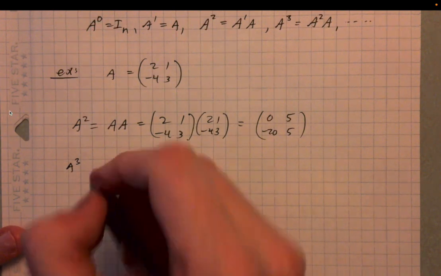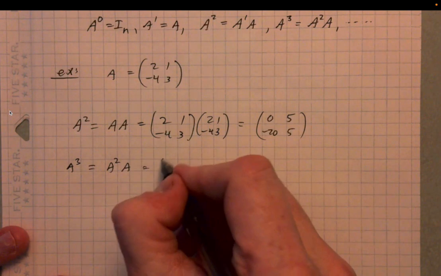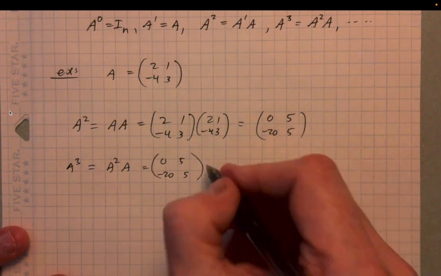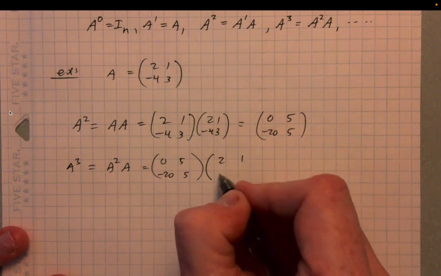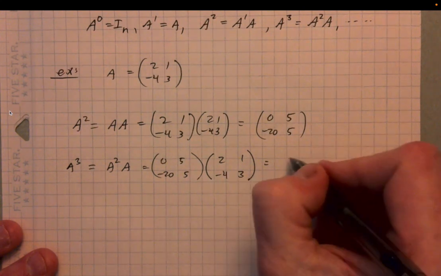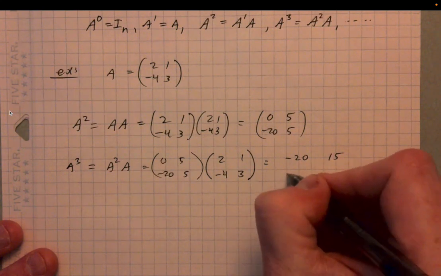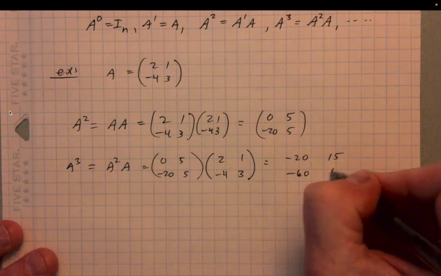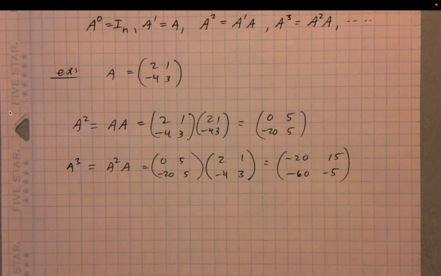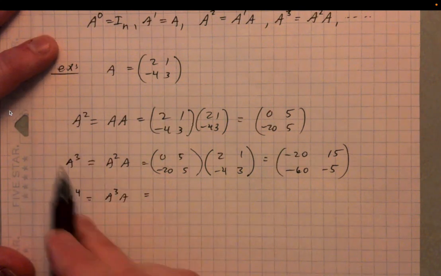Well, it's just A squared times A. So again, it's [0, 5; negative 20, 5] times A again. And then I'd get something else: [negative 20, 15; negative 60, 5, negative 5]. You can confirm that again. And I could keep going and say A to the fourth is A cubed times A. So it's recursively defined.